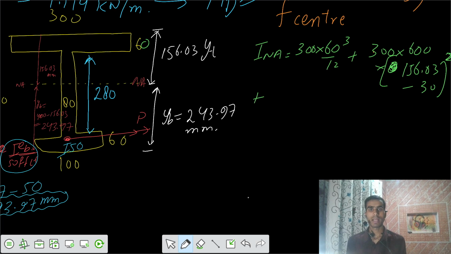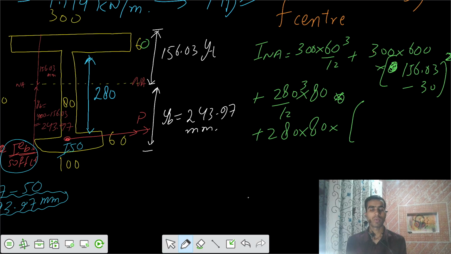And the second area is 280 into 80, 280 cube by 12 into 80, plus 280 into 80 area into D square. The centroid of this part is somewhere here at 140, and the centroid of this part from this location is somewhere at 140 plus 60, so I would write 200 minus 156.03, which I had to subtract. Is it true?